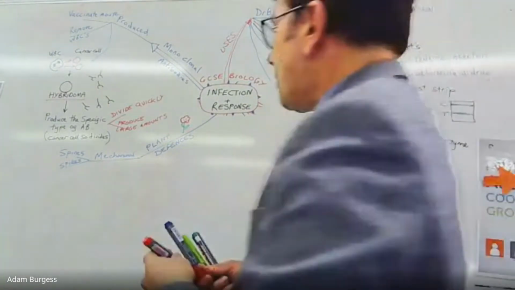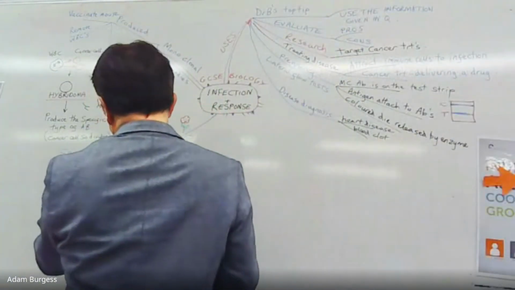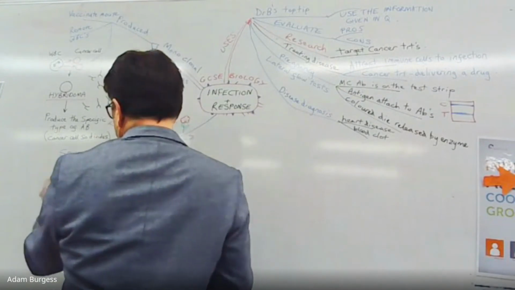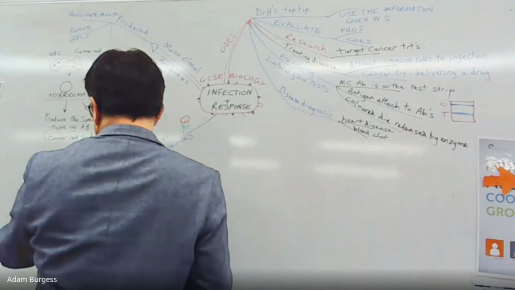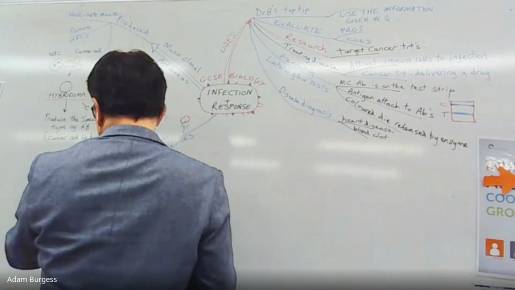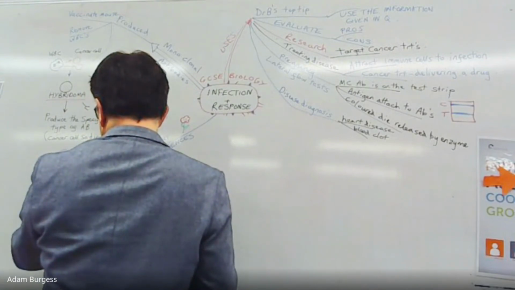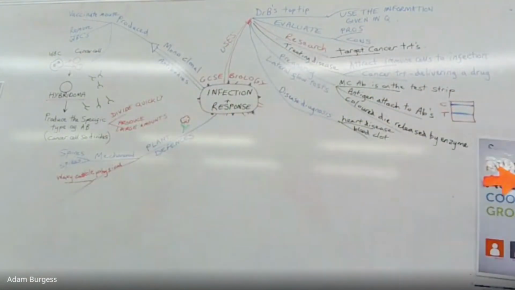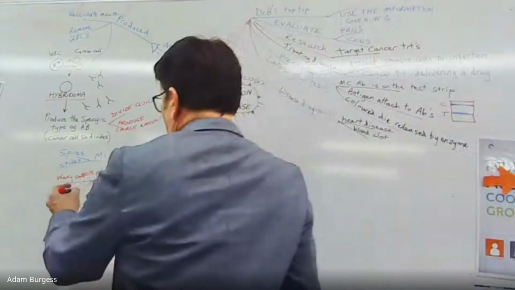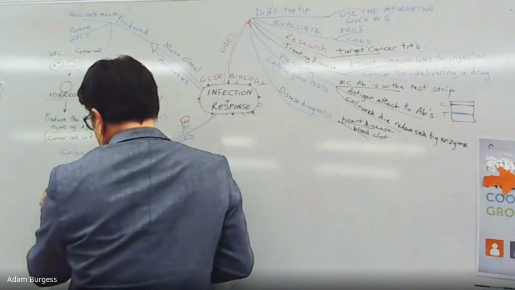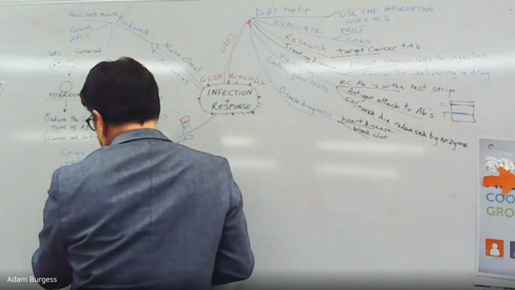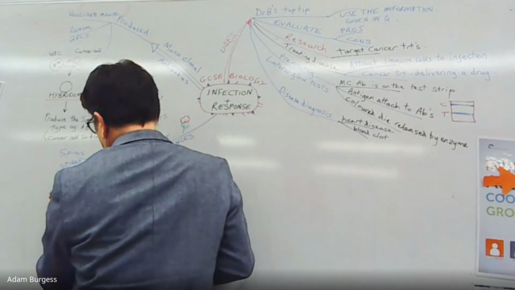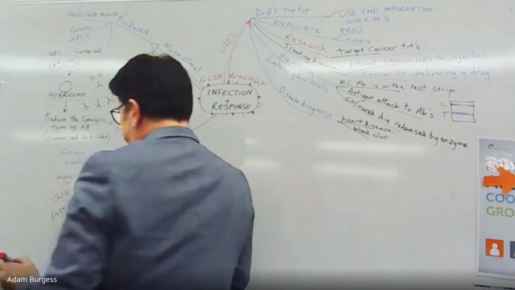Physical, so you've got waxy cuticles, so very thick leaves. They've got thick cell walls. They lose leaves, so deciduous trees lose leaves. Okay, so it's a physical thing.